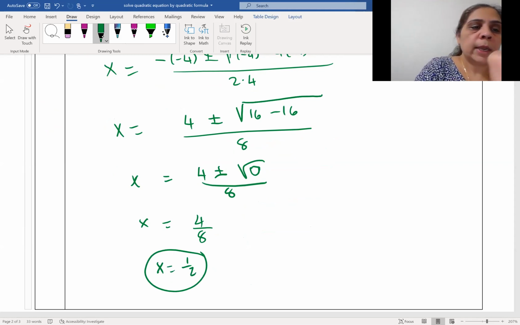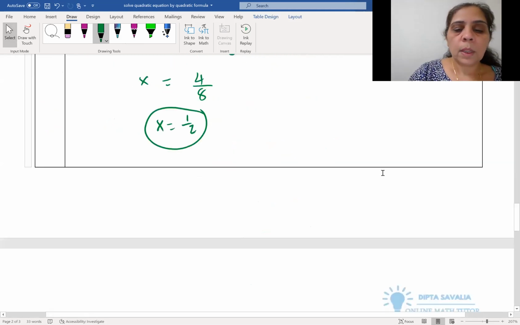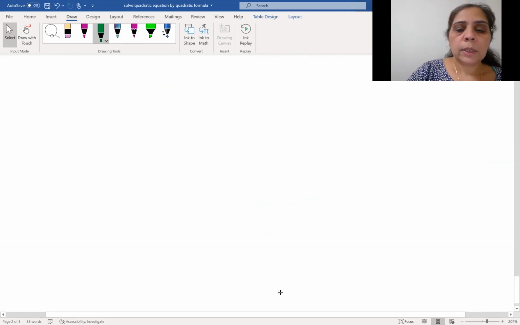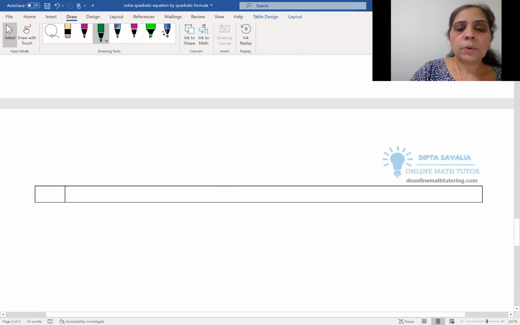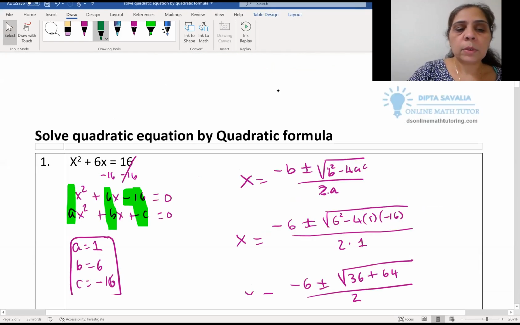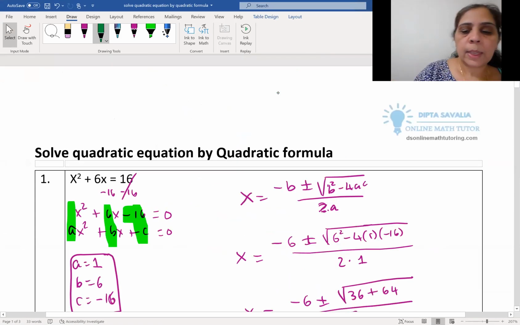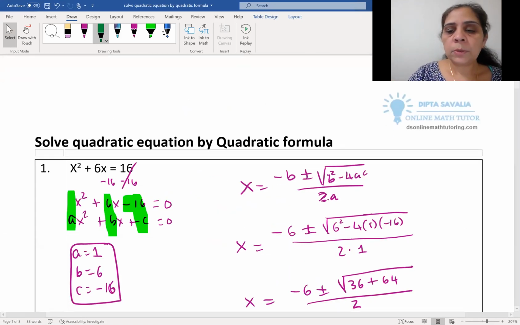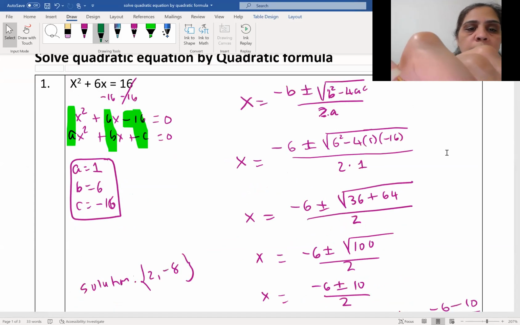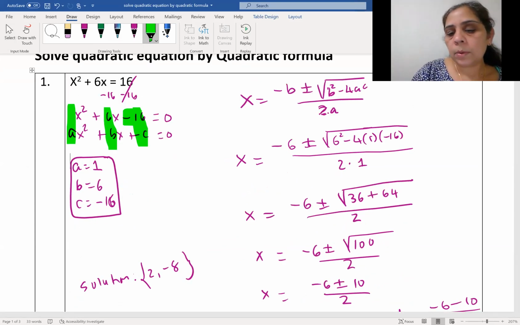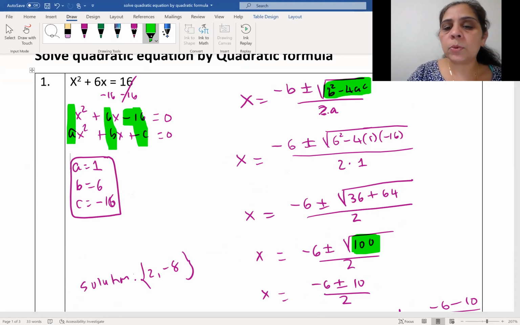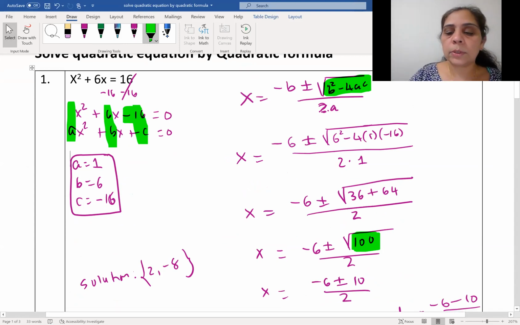So we saw that, let's see from the beginning. Whatever is under the square root, b squared minus 4ac, is called the discriminant. If the discriminant is positive, then we have two solutions.